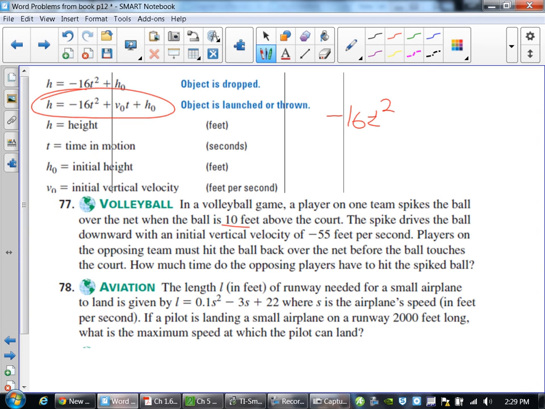You have this initial velocity, negative 55 feet per second. So there's our V sub O, velocity original. So you have negative 55 t, because the t comes along. Then H sub O, height original: what's the original height it was being hit from?